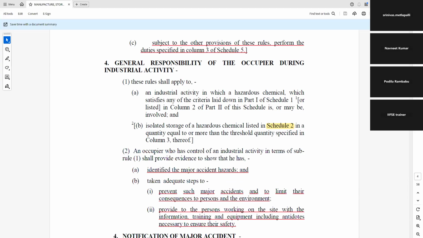Managing Director, sir. Okay, managing directors, or sometimes joint managing directors, sometimes the plant head, sometimes the CEO, sometimes the CFO. Whoever has designatory or signatory authority for that entire facility, we call them occupiers.